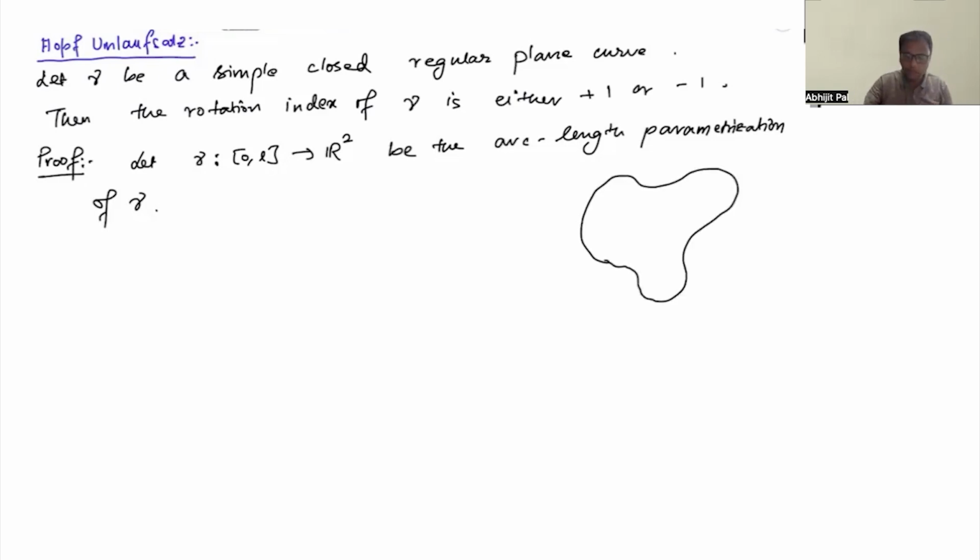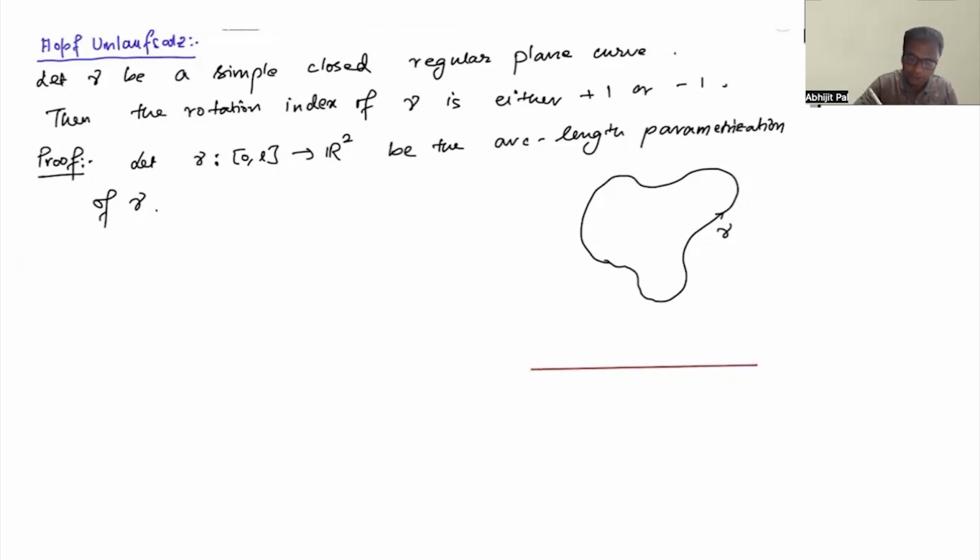This is my gamma, and suppose this is my orientation. Now I take a horizontal line segment which does not intersect this gamma, any line segment which is parallel to the x-axis, something like this.